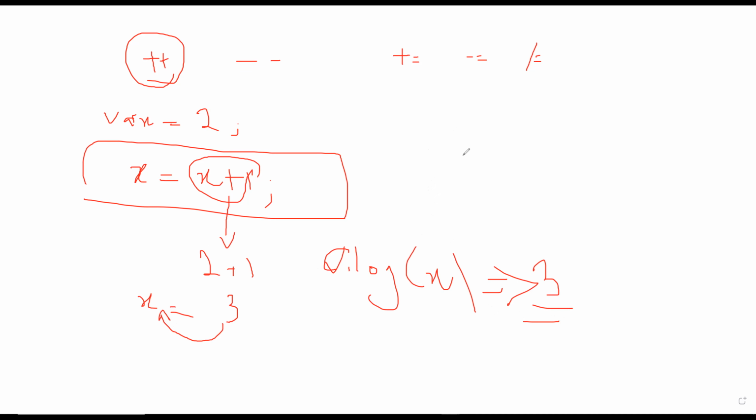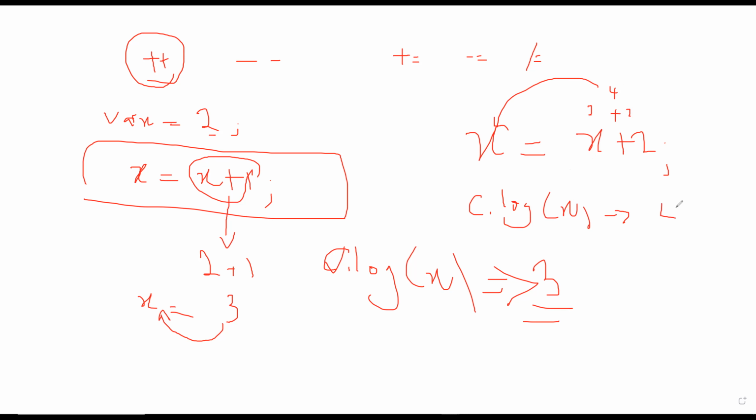Similarly, if I do x = x + 2, at this point in time, x is 2, 2 plus 2 is 4, 4 will be assigned to this. If I do console.log x, it will give me 4.